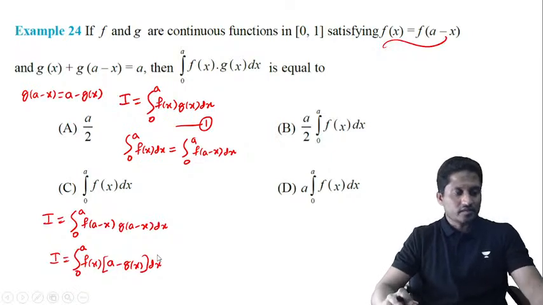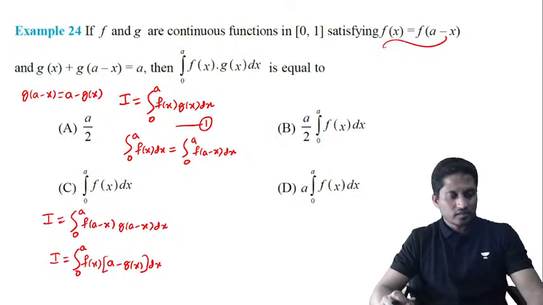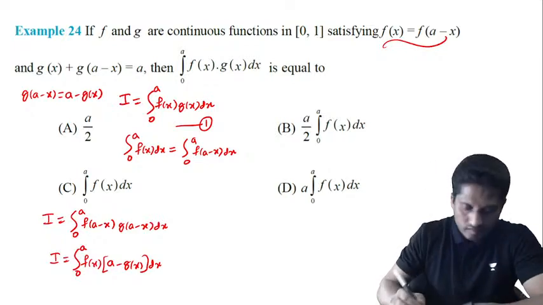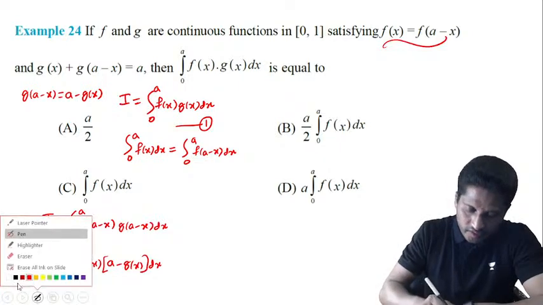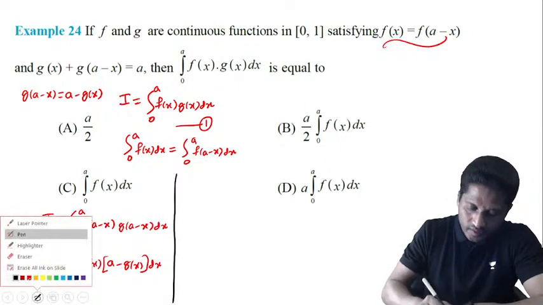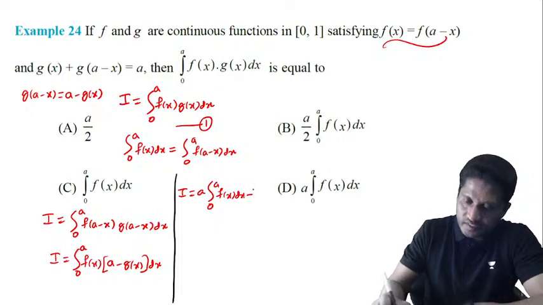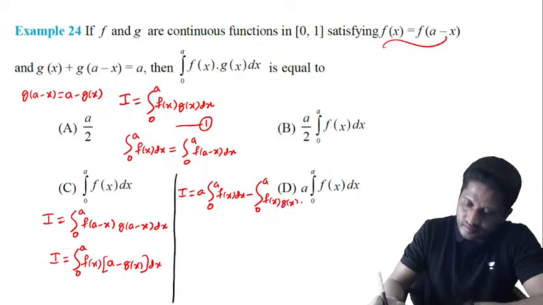Now if I separate this, if I multiply this out, you get I is equal to a times the integration from 0 to a of f(x) dx, minus the integration from 0 to a of f(x) g(x) dx.